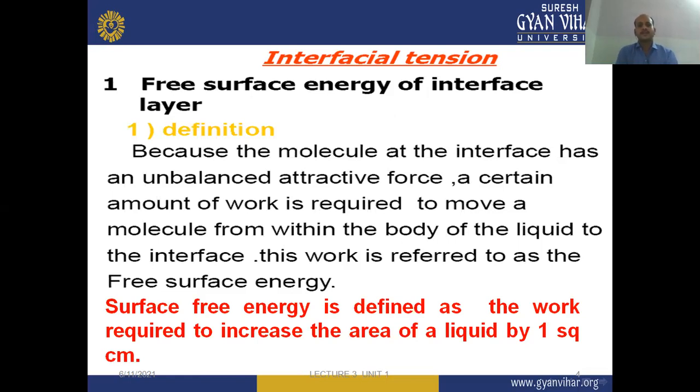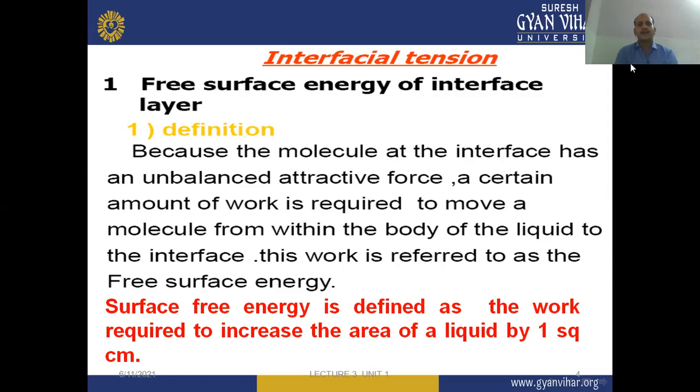So, as we discussed in our previous lecture, what is surface tension? Surface tension is the force per unit length. The unit of surface tension is dyne per centimeter. The molecules which are situated on the interface or surface feel a force of attraction or a tension.